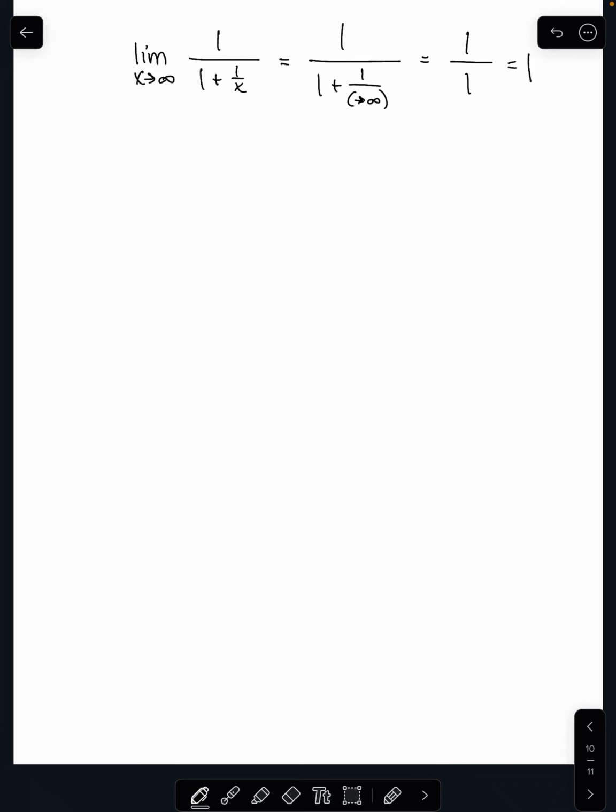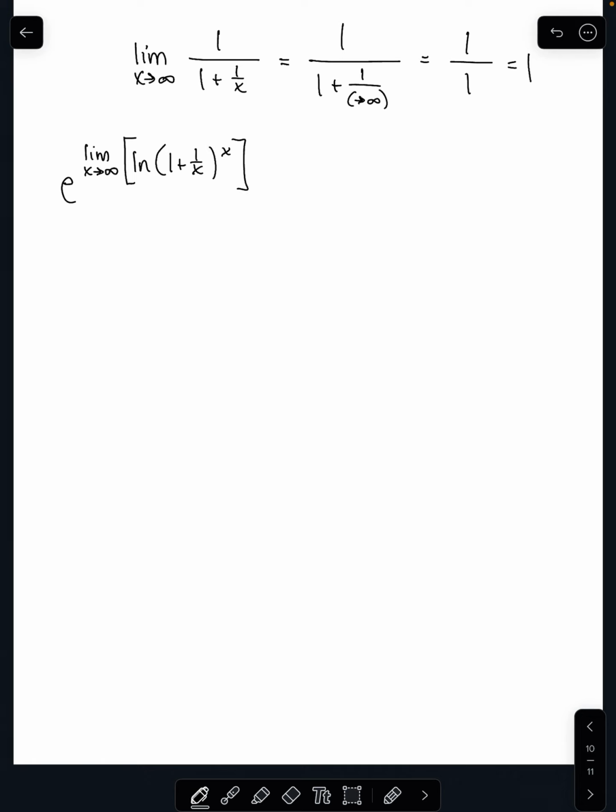Now, we are not done with the problem. Remember that this started out as e to the limit as x approaches infinity of the natural logarithm of 1 plus 1 over x to the x.